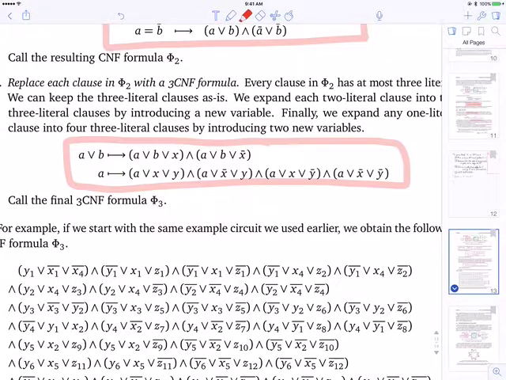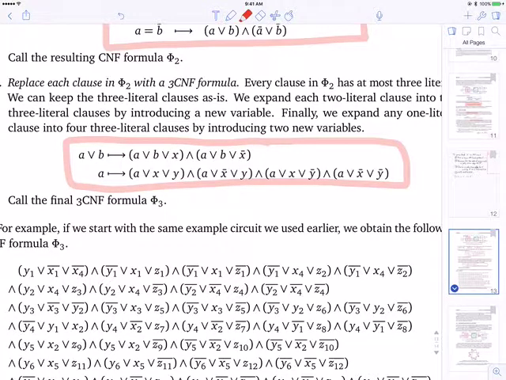Similarly, I've actually got one clause at the very end that represents the output of the circuit that just has one variable. In that case, I'm going to introduce 2 new variables, X and Y, and then I'll replace A with A or X or Y, and A or not X or Y, and A or X or not Y, and A or not X or not Y. If this expression is satisfiable, then in particular all 4 of those clauses have to be true.